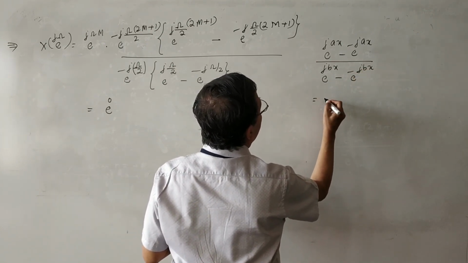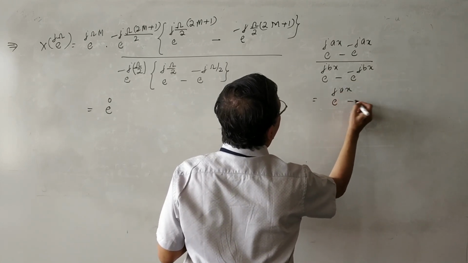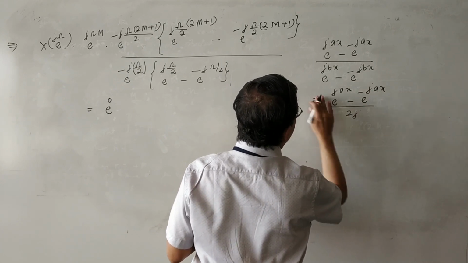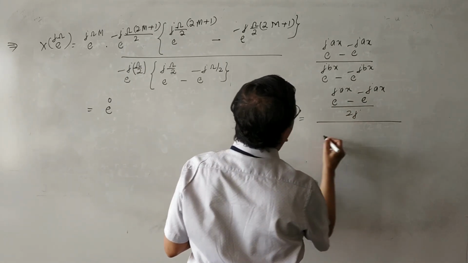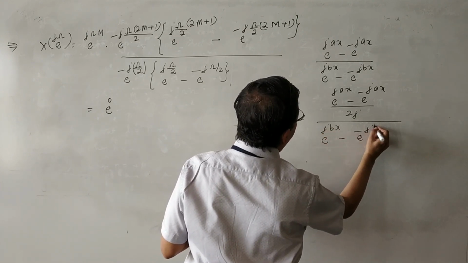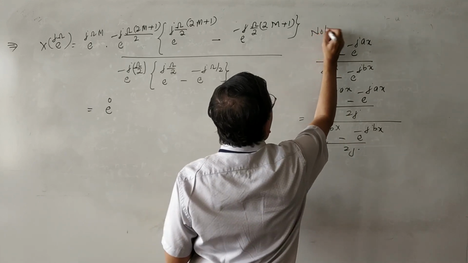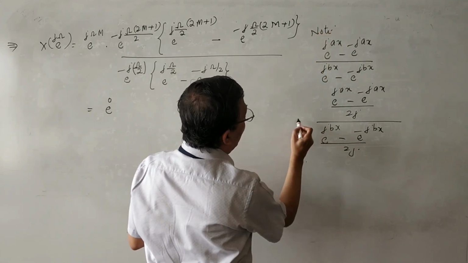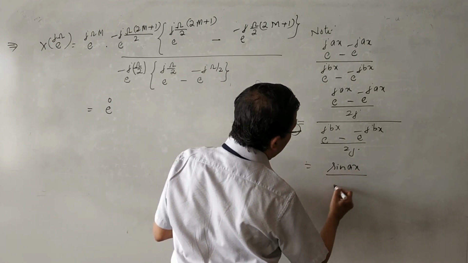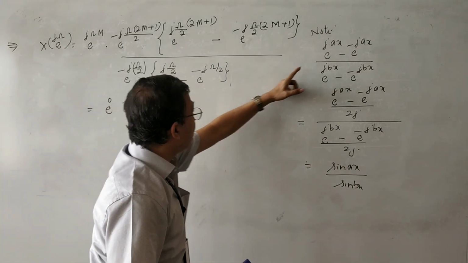Is nothing but this, we can write as (e to the power j times ax minus e to the power minus j times ax) divided by 2j, divided by (e to the power j times bx minus e to the power minus j times bx) divided by 2j. This is a note. So numerator is now sin ax. Denominator is what? Sin bx. This formula is applicable over here.